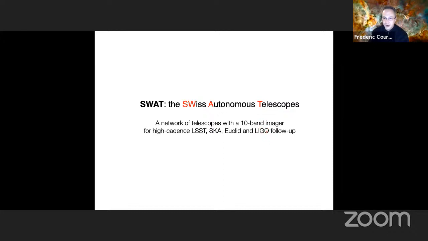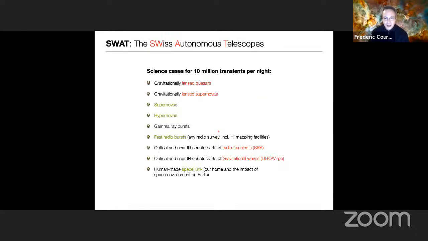I didn't speak at all of gravitational waves here, but once you have a telescope that is very flexible and observes at high cadence in many filters, you can try to find the optical or infrared counterparts of gravitational waves. Of course, same thing for the radio, and same thing for the million transients LSST will find almost every night.